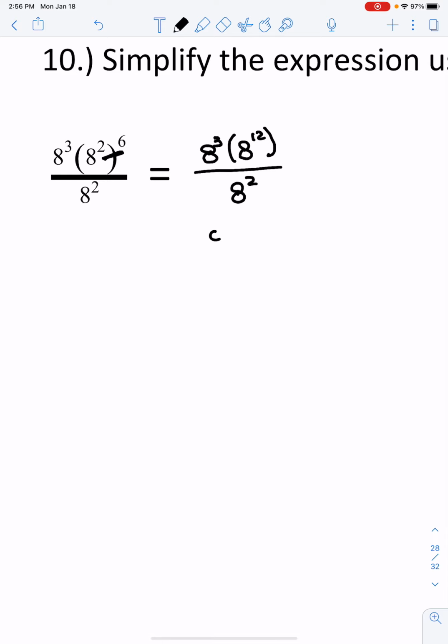So here I would have 8 to the 15th over 8 squared. And now because I'm dividing, I have 8 to the 15 minus 2, and my answer then would be 8 to the 13th power. And that ends my lesson.